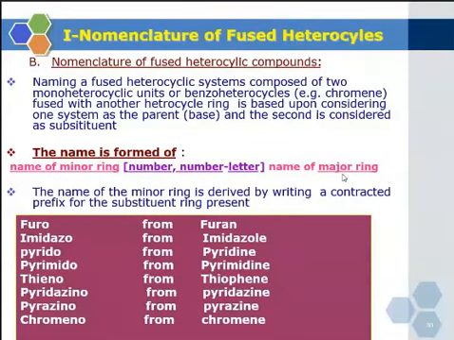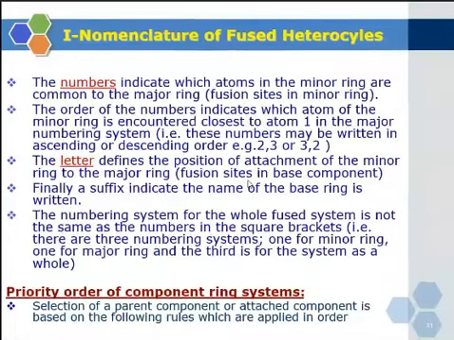Then one is taken as the base and the second is taken as the substituent on it. The substituent is considered as the minor ring and the base is considered as the major ring. Both are separated by a square bracket containing the number and the number letter. The numbers here indicate which atoms in the minor ring are common to the major ring.